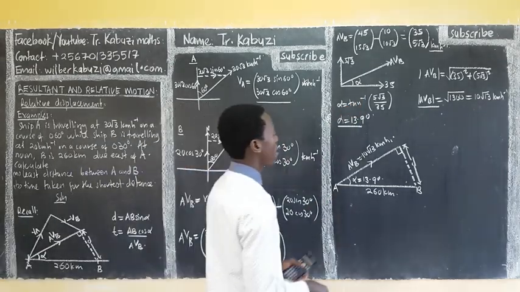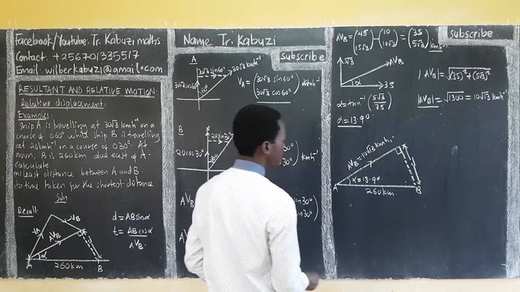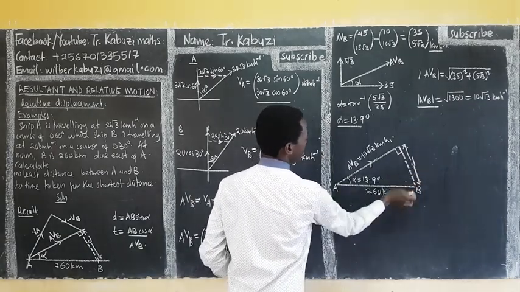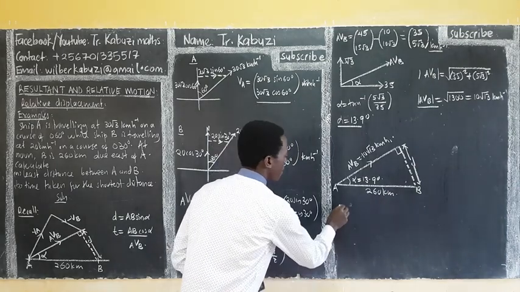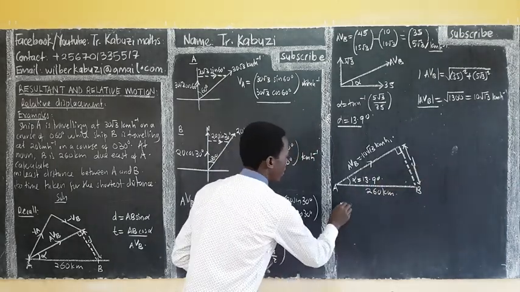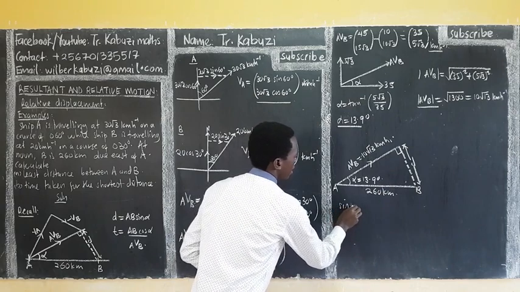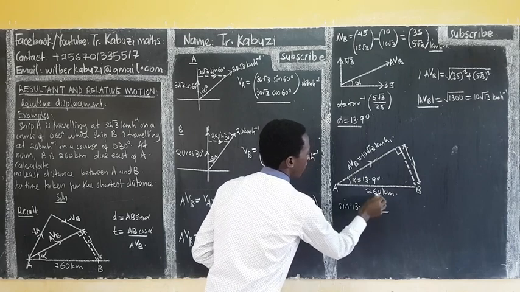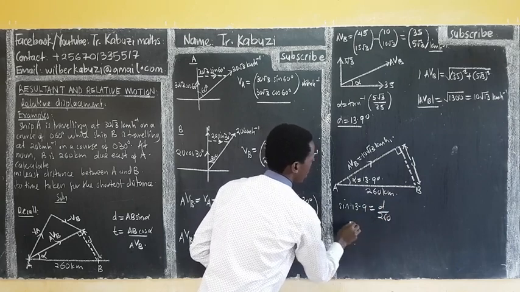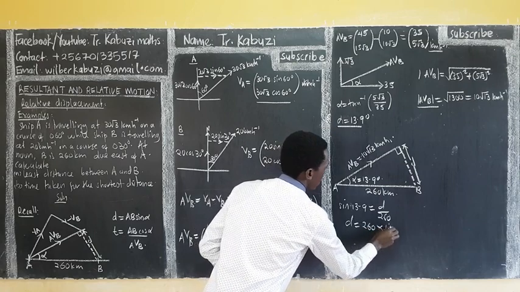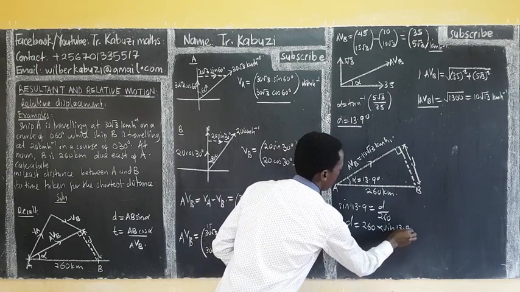Okay, so how do I get this distance D? You can see that I have this distance and this angle, so I have the opposite over the hypotenuse. So my sine of 13.9 is equal to the opposite over 260. So my D will be 260 times sine of 13.9.